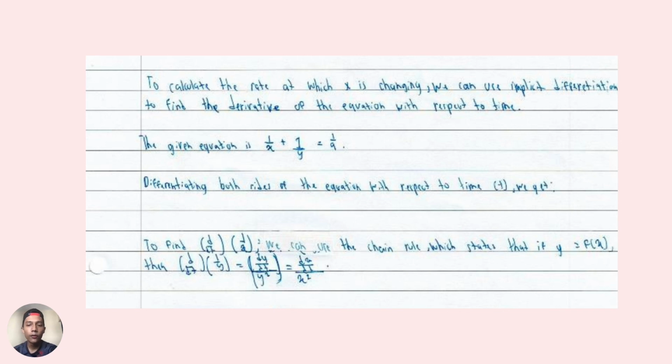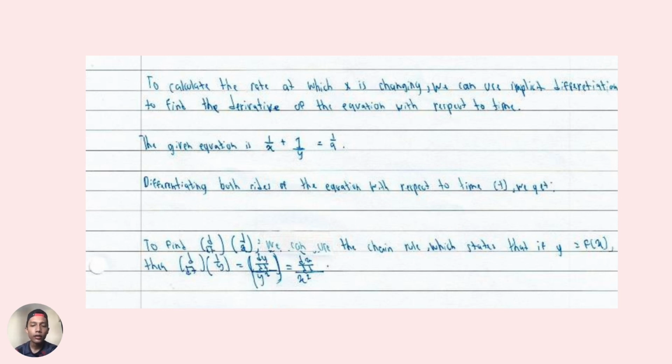Differentiating both sides with respect to time t, we get d/dt(1/x) plus d/dt(1/y) equals d/dt(1/9).